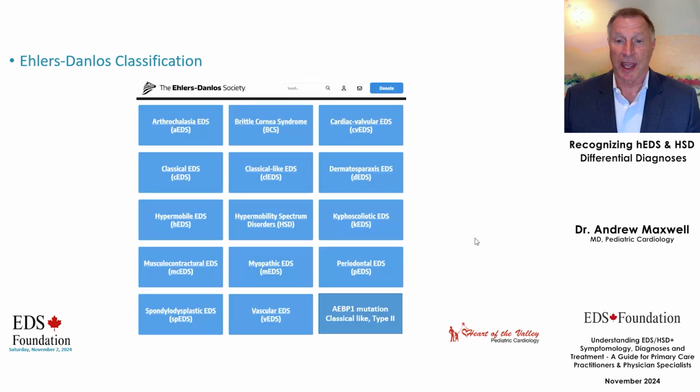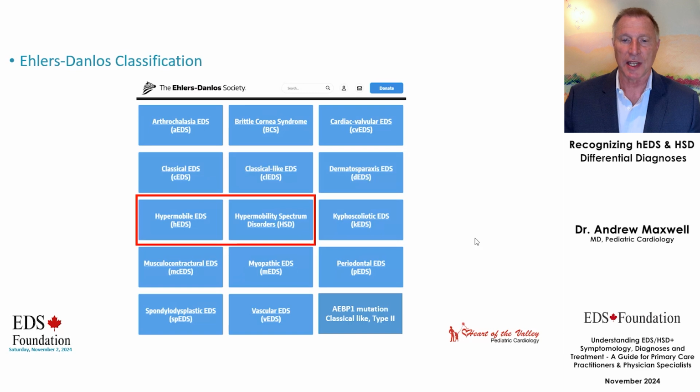To begin with, they reclassified all the different types of Ehlers-Danlos syndromes. And there are many different types, and there's always a new one being added. We're going to focus the rest of the talk on hypermobile Ehlers-Danlos syndrome and hypermobility spectrum disorders. So really those two.